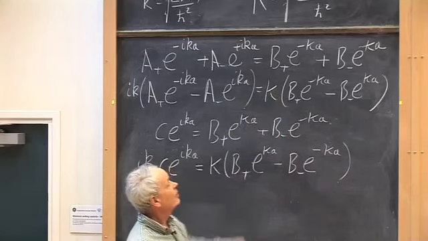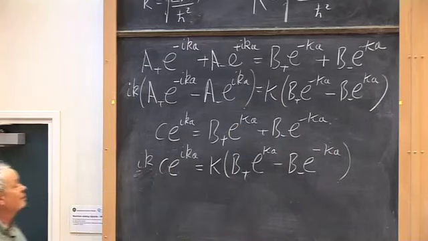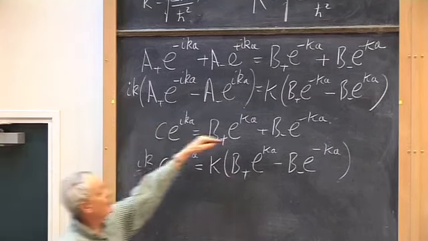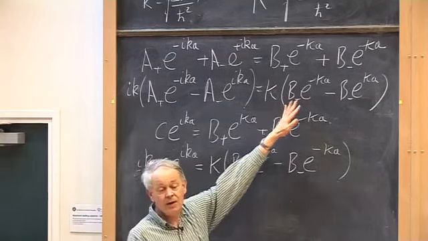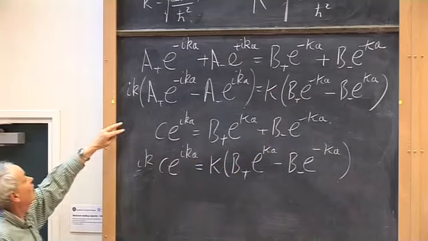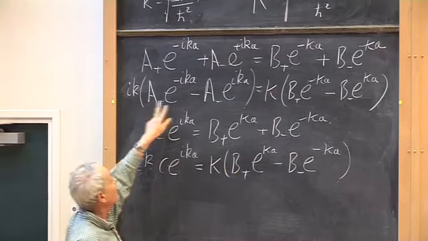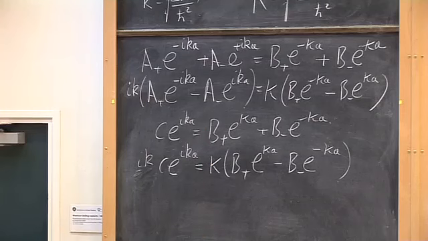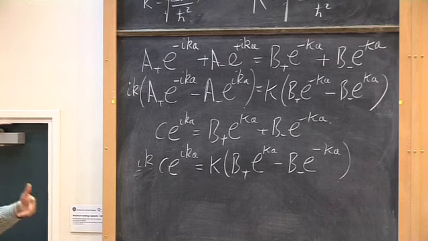So they both become simple multiples of B plus. And then you could divide these two equations one by another. The B plus, which will be a common factor on the right-hand side, will go away. And you will be left with a single relationship between A plus and A minus. So that will be the promised relationship that expresses the number of reflected particles as a multiple of the number of incident particles.